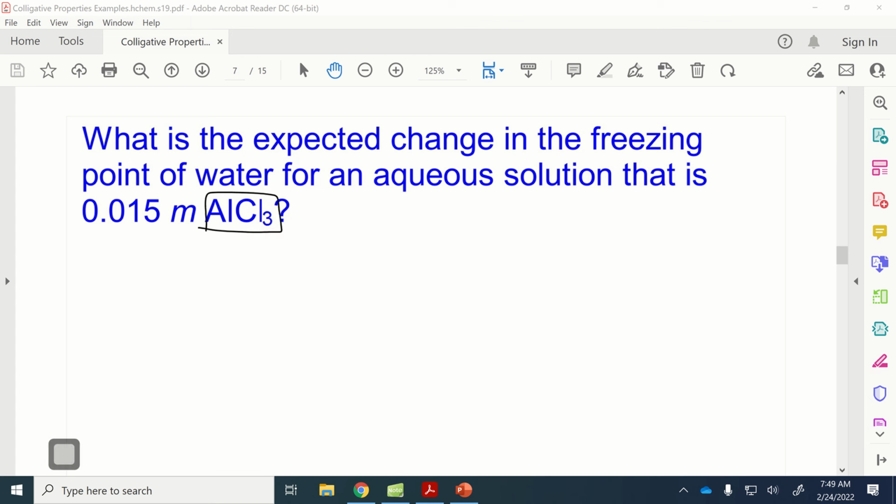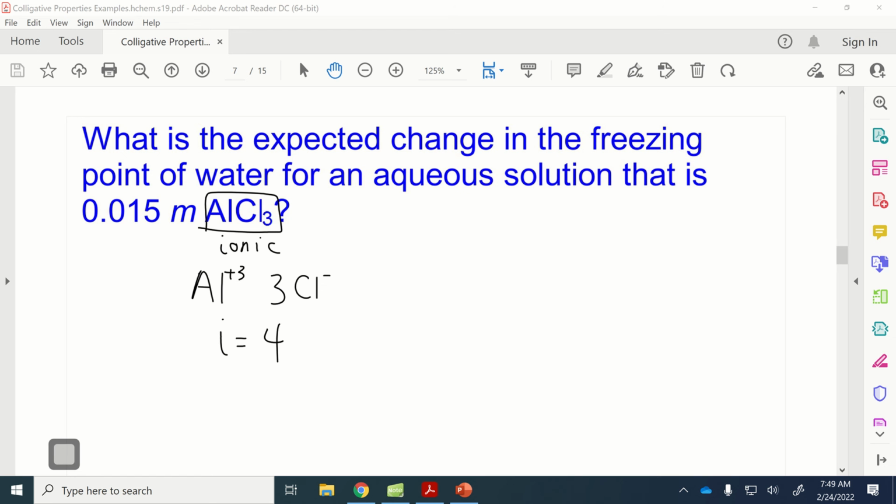Well, this is an ionic compound, which means it'll split up into all of its ions. It will form Al3+ and 3 Cl minuses every single time one of these particles is dissolved. So that gives me a total Van Hoff factor of 4.